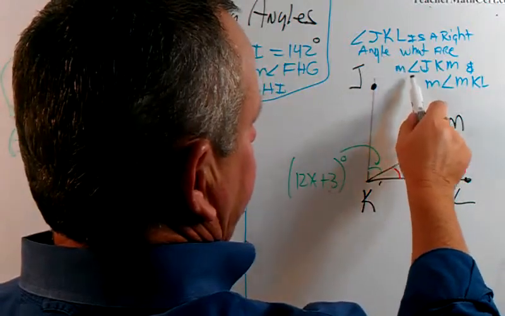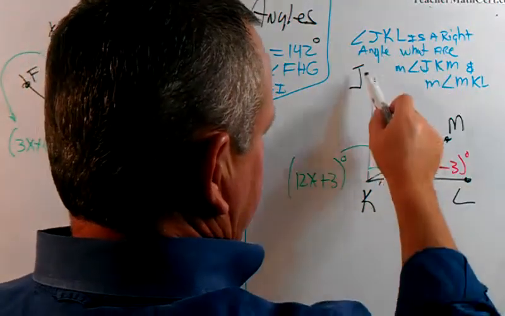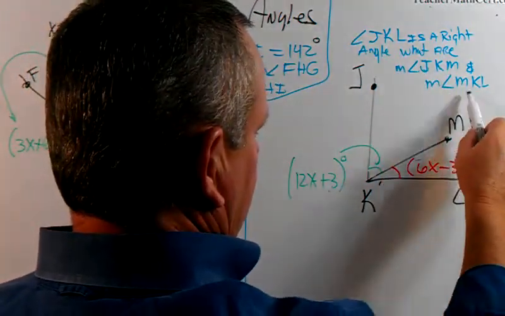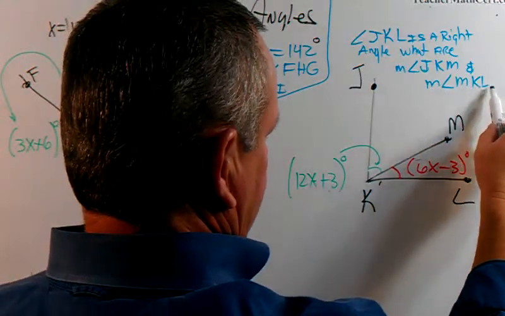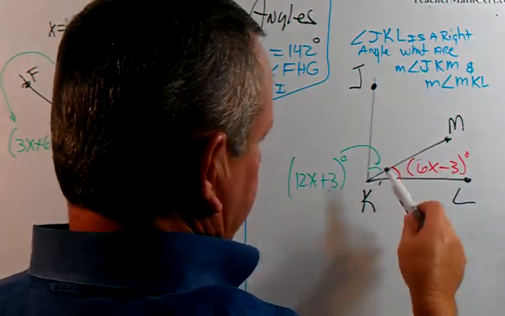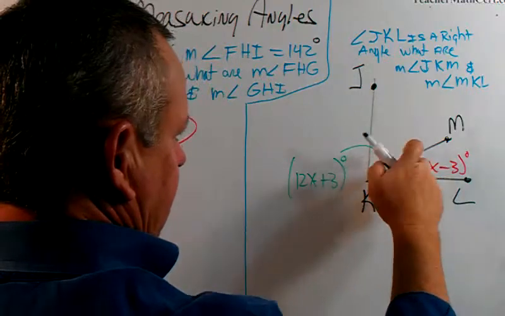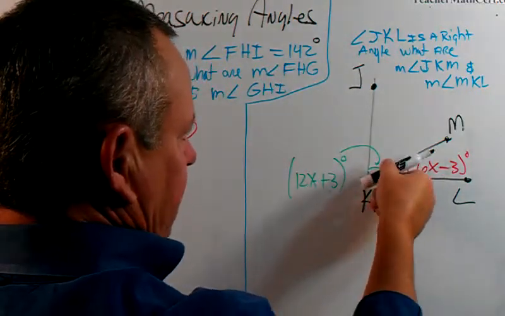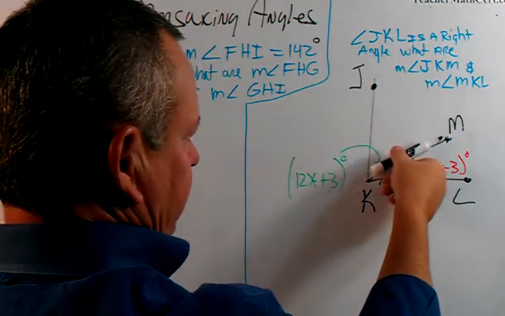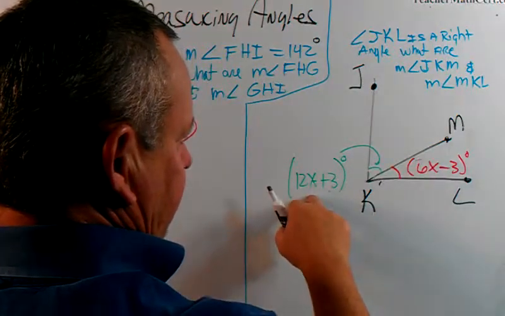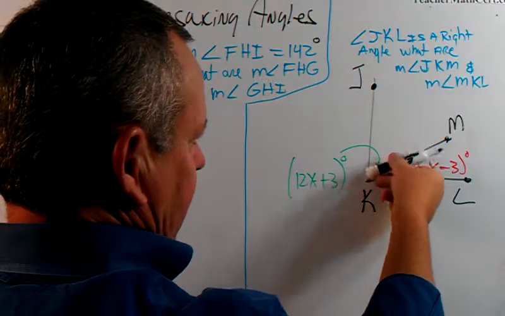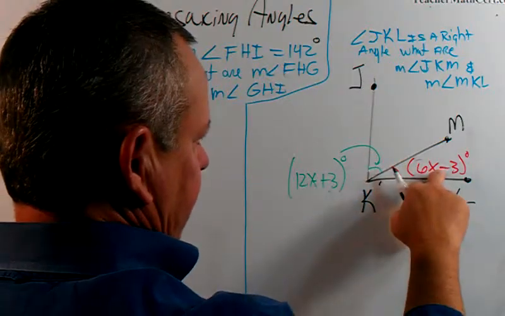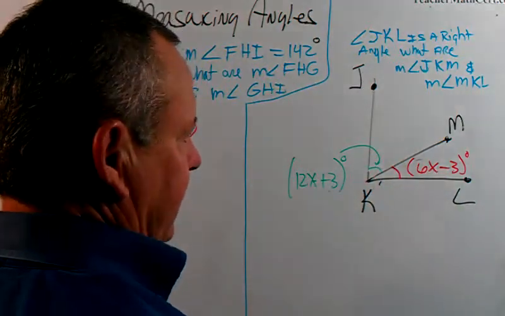What are the measures of JKM and MKL? So once again, they're saying, look, this guy from here to here is equal to 90 degrees. So we've got an equation that represents this angle, namely 12x plus 3, and we've got an equation that represents this angle, namely 6x minus 3.